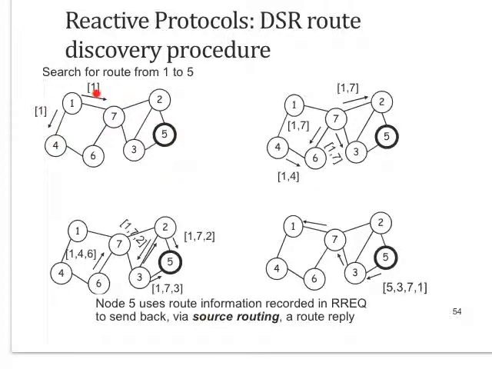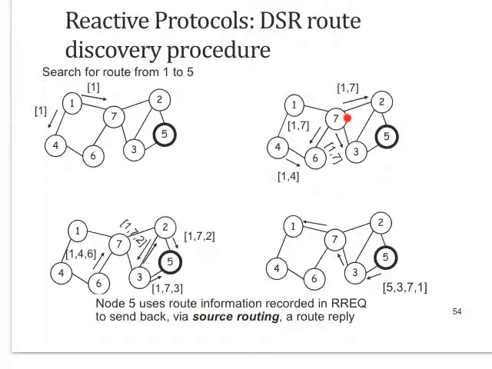This packet will initially have 1 to indicate that it passed through node 1, and then this particular instance of the packet will go to 7. This particular instance of the packet will go to 4. The packet that goes to 4 will accumulate 4 here to indicate that it passed through 1 and 4, in that order.